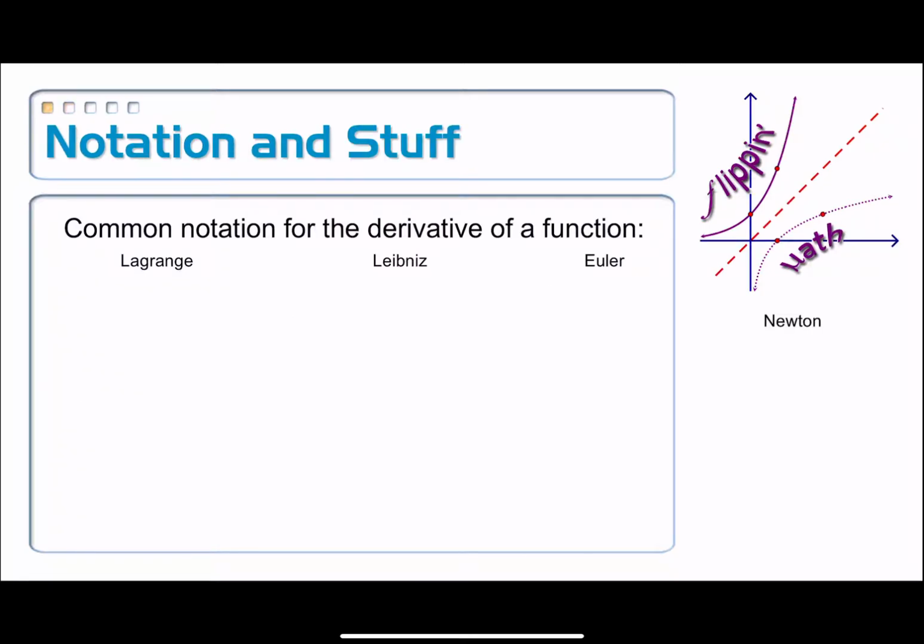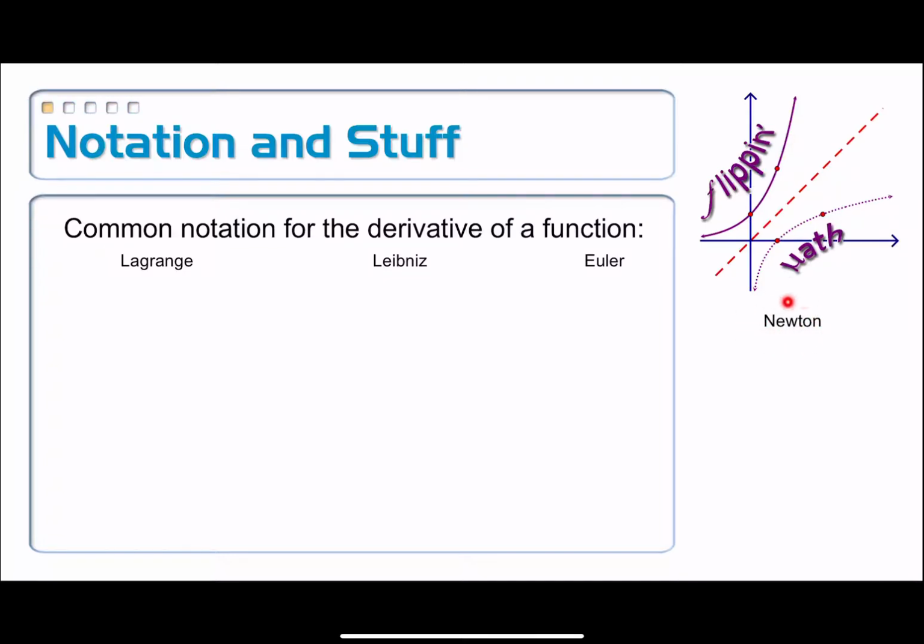Okay, so let's take a look at some of the different competing notations for derivatives in calculus. Now, we have mentioned before that two of the key figures that are associated with the discovery of calculus, one of them is Newton over here.